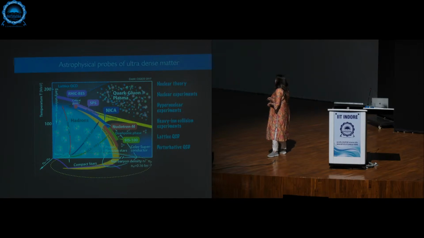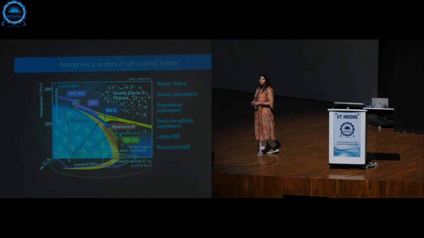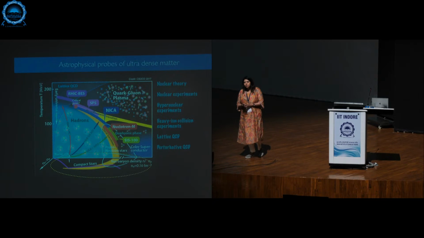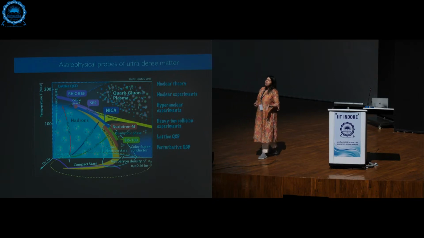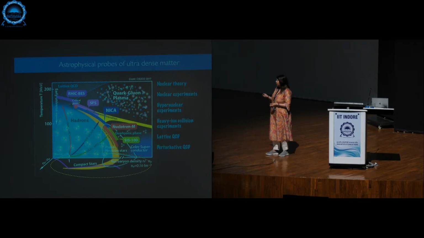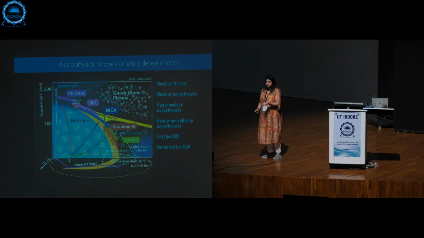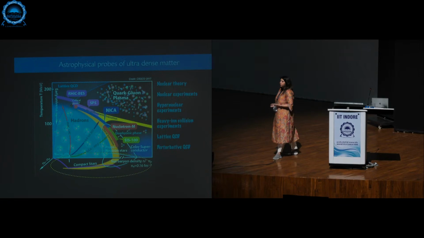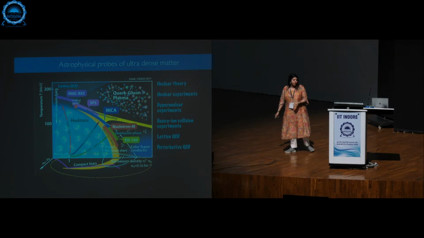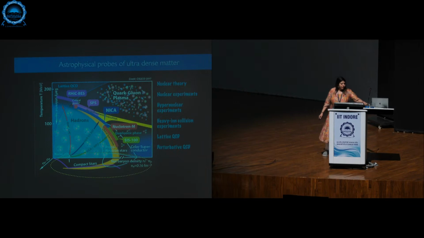Also, the experiments I'm talking about are all for systems which have a number of neutrons comparable to that of protons, whereas in compact stars the number of neutrons is much larger. Neutron stars are primarily made of neutrons. So this is also another uncertainty in the terrestrial experiments that we have today.